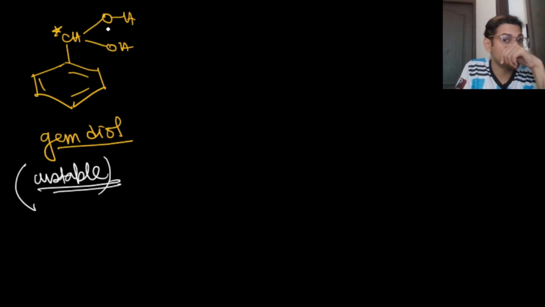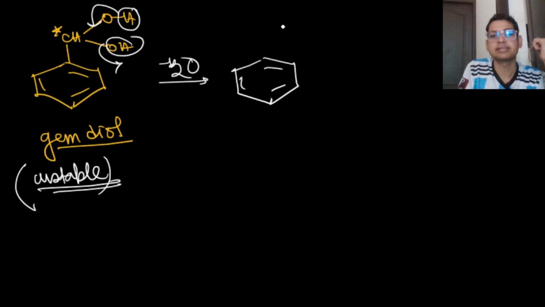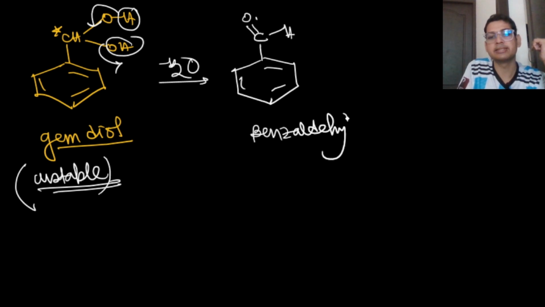Because of the oxygen lone pair repulsions. So this will release 1 water, this H and this OH will leave. And then I will get C double bond O, that means benzaldehyde as the product. Benzaldehyde will be my B.